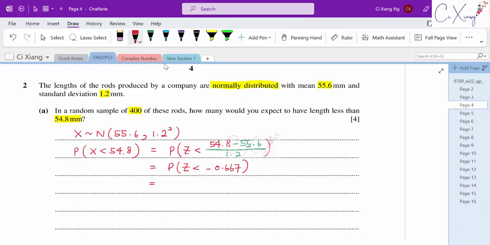This particular area, Z smaller than negative 0.667, is equal to Z greater than 0.667.